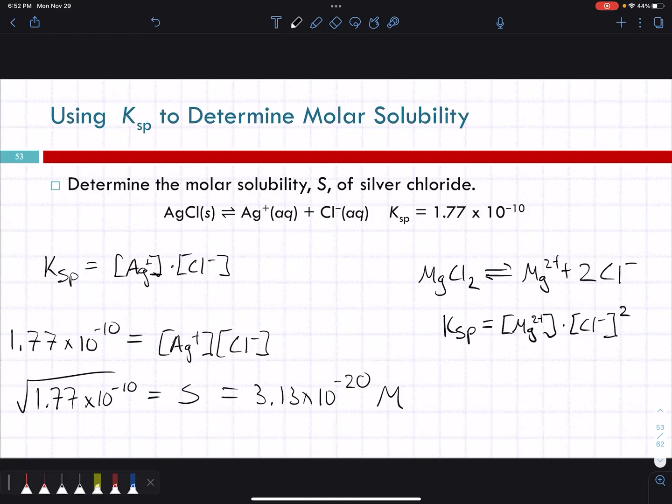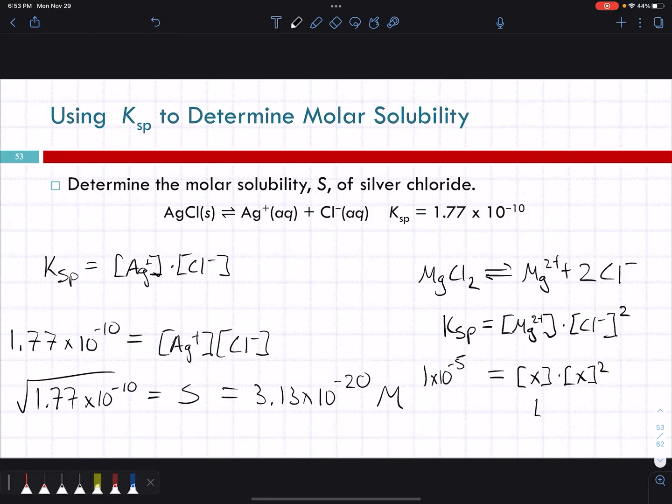So to simplify this, you can say Ksp, right, so we put a number in there. Let's just call it 1 times 10 to the negative 5 is equal to, and then we replace each of these ions with X. So this is now the concentration of X times the concentration of X squared.